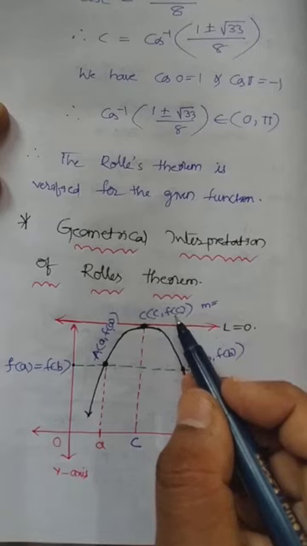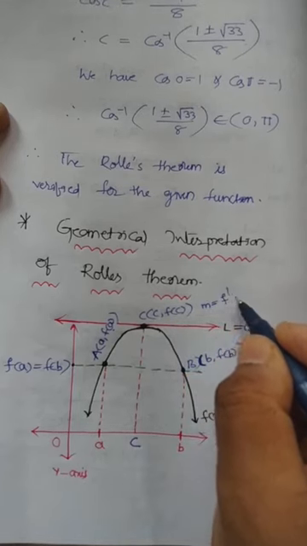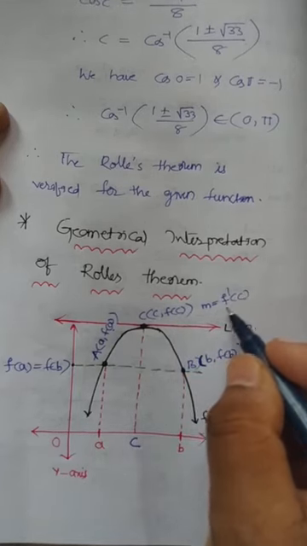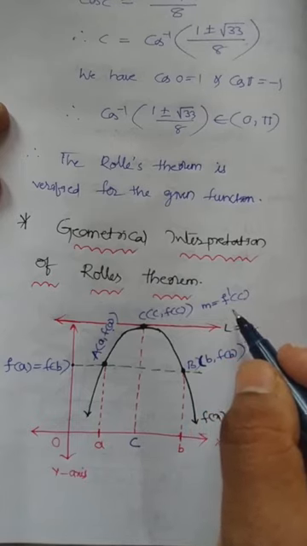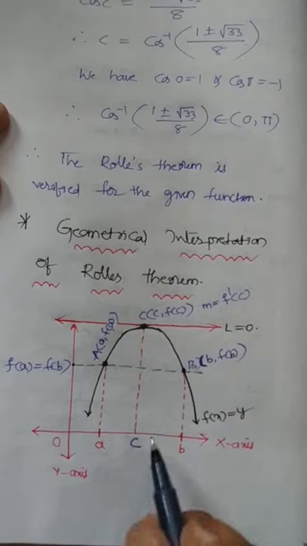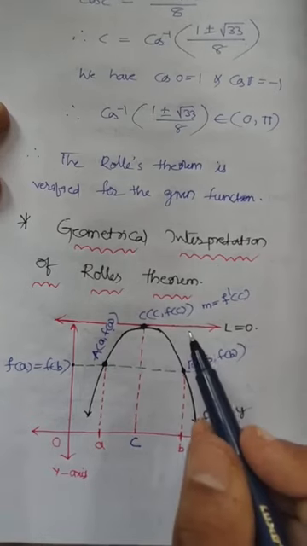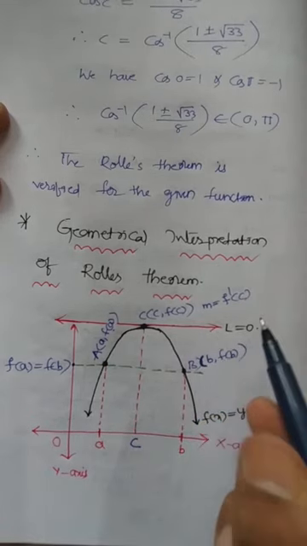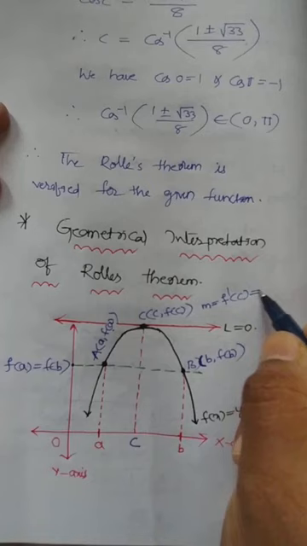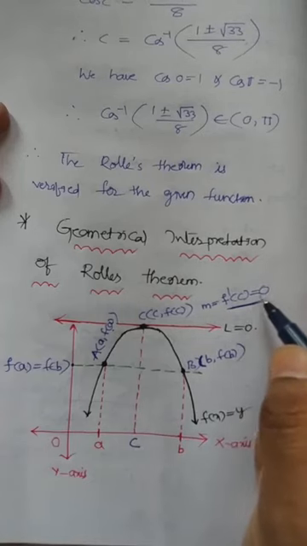Derivative is what now? F dash of C it is. F dash of C. So it is none other than what? Slope of the tangent line here. Isn't it or not? So actually the slope of the x axis is what now? 0. So that its parallel line L is equal to 0, slope must be what now? 0. So here I would get f dash of C value is what now?